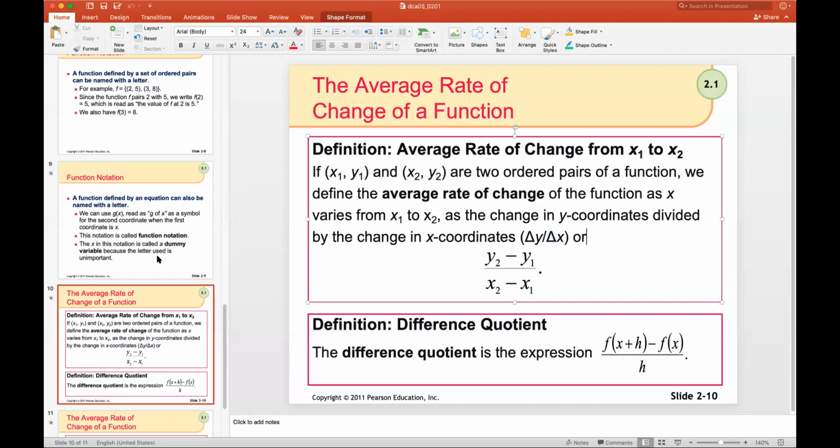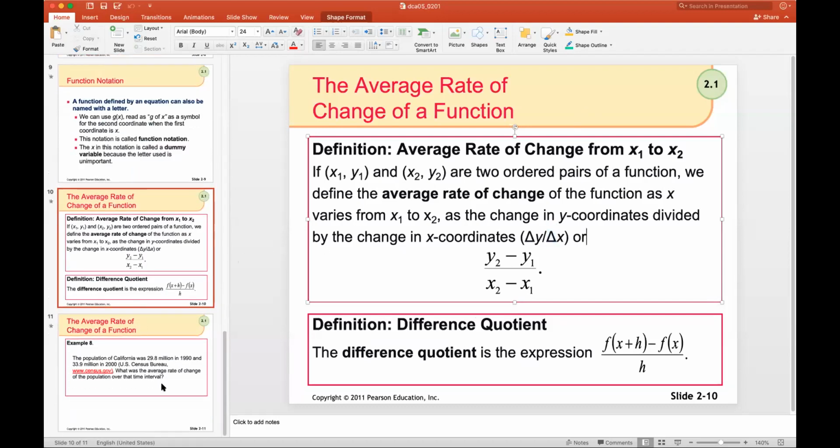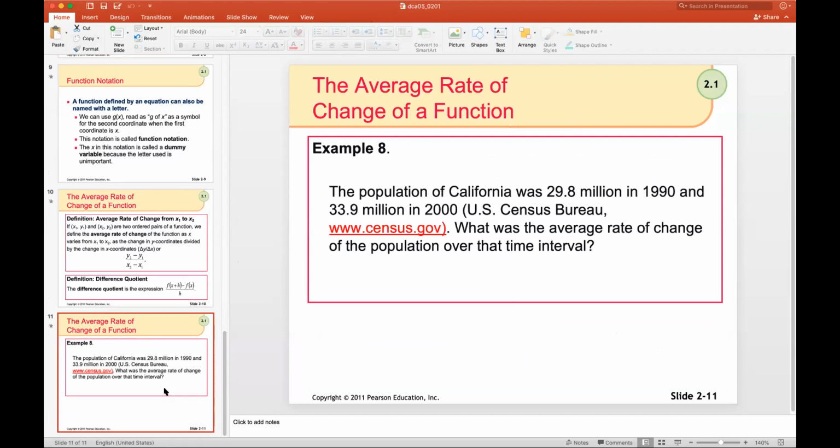So see the example. This is example 8 in the textbook. The population of California was 29.8 million in 1990 and 33.9 million in 2000, according to the US Census Bureau. What was the average rate of change of the population over that time interval?